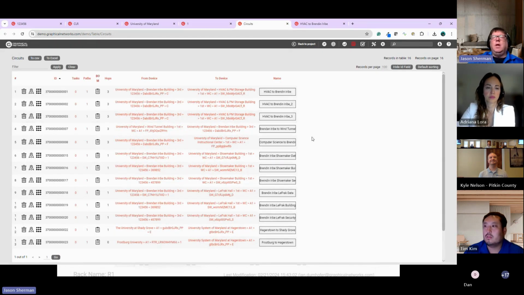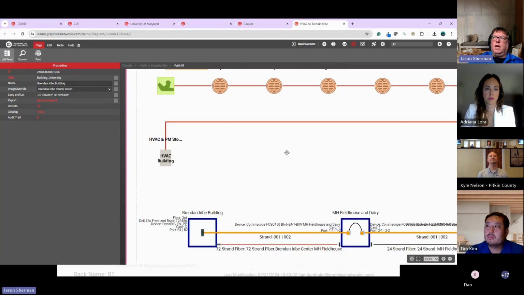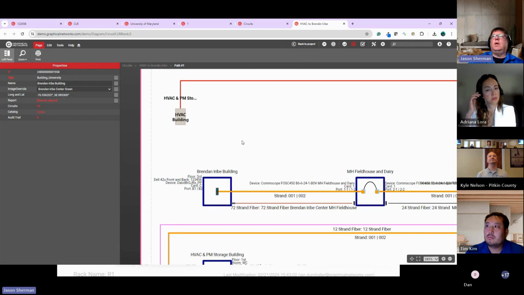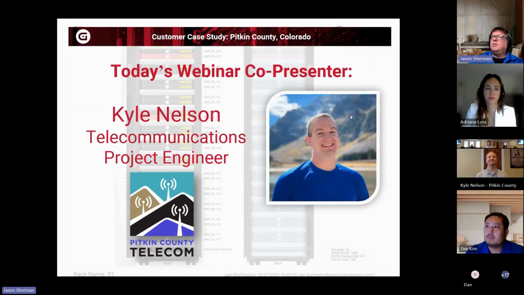Being able to create circuits and define those circuits, being able to see the path along conduit. What are the cables? What are the strands that make up that circuit and things like that? So that's really what we do, and we'll see some of that from Kyle as well. He's got some screenshots to share of his projects.